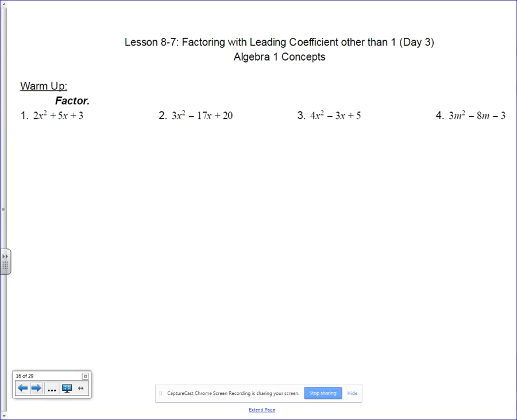Okay, so what I would like for you to do is factor. How about I just have you do 2 of them? Let's have you do number 3 and 4, please.